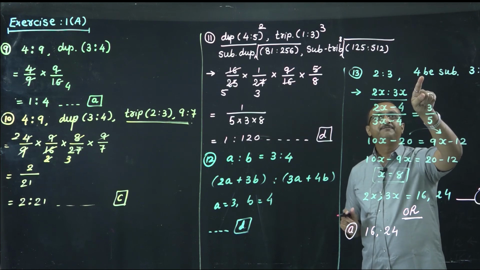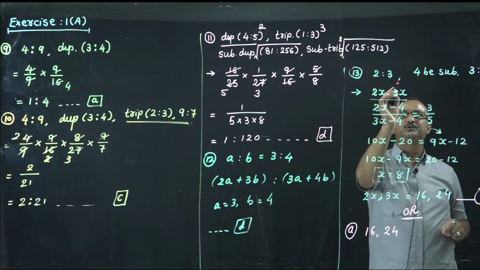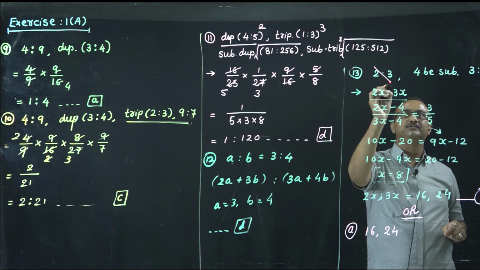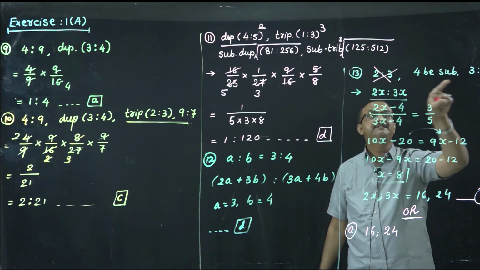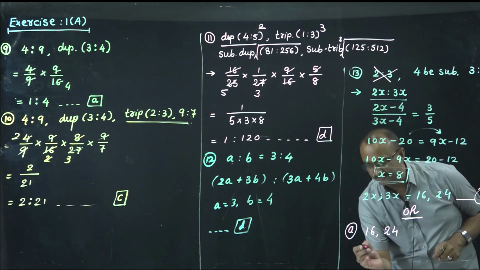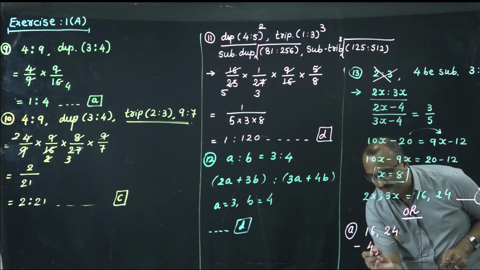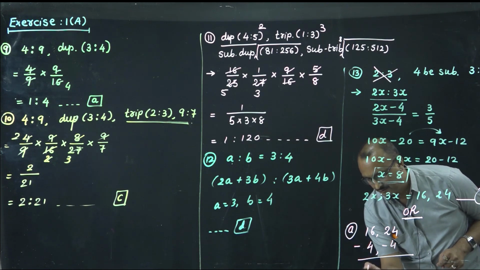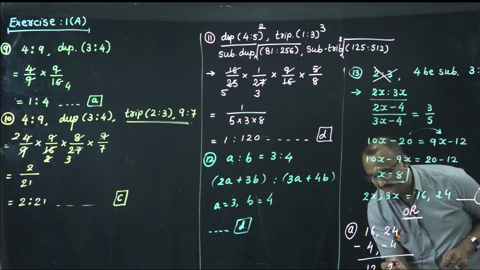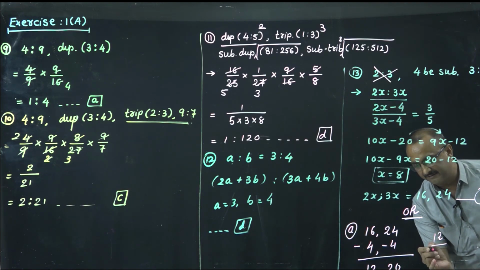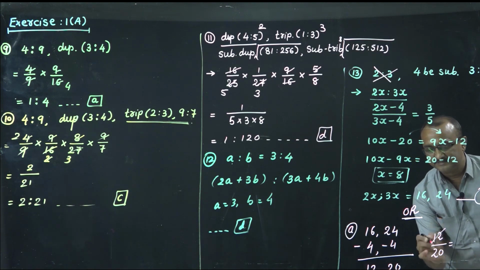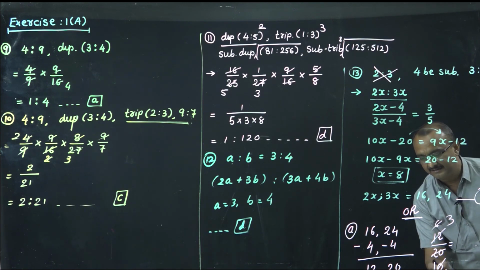Let's see, if 4 be subtracted, two numbers are in the ratio 2:3, we don't need to check that. If 4 be subtracted, subtract 4 from these: 16 minus 4, 24 minus 4, we get 12, 20. Now find the ratio of 12, 20. 12 by 20, 6 by 10, and it is 3 by 5.